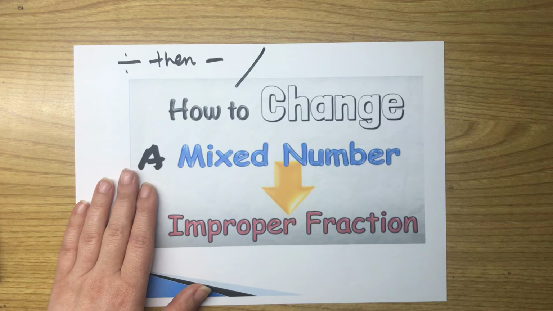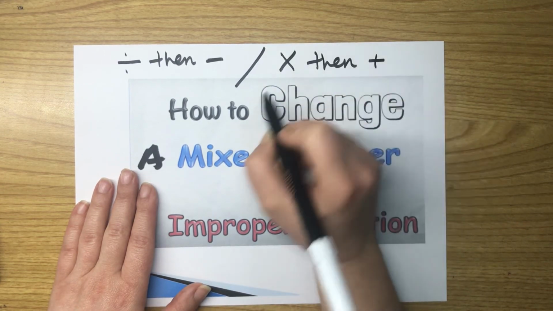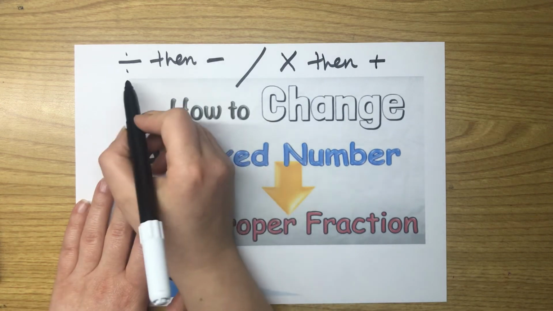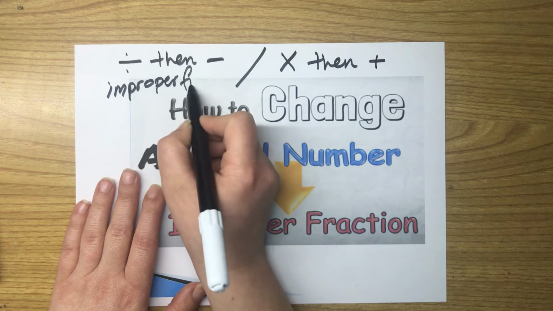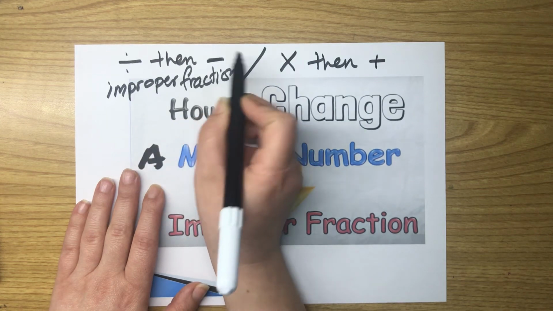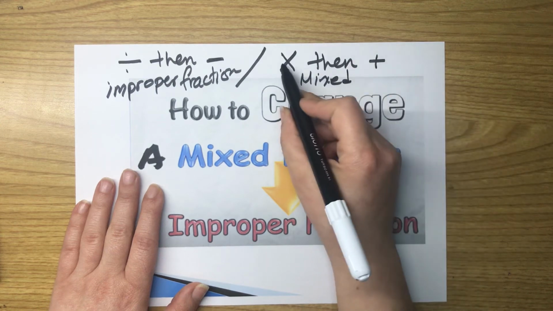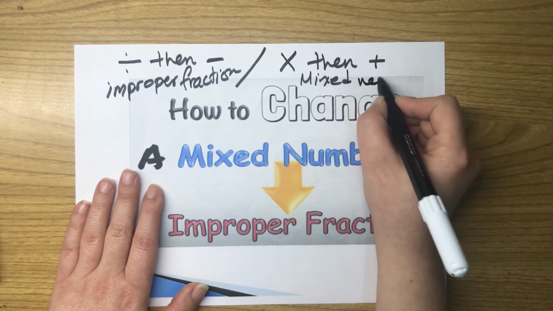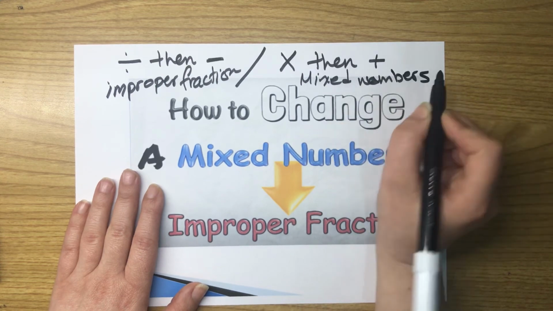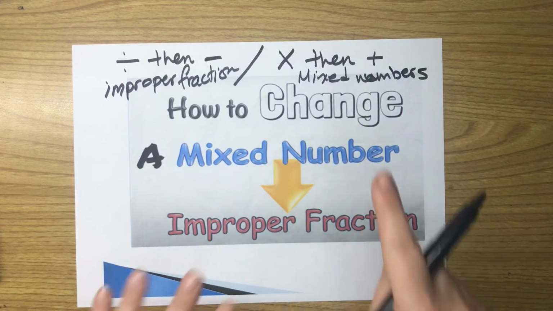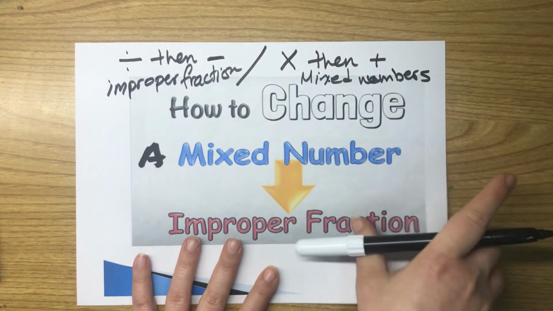But to change a mixed number into an improper fraction, we are going to multiply, then add. The opposite way, guys.